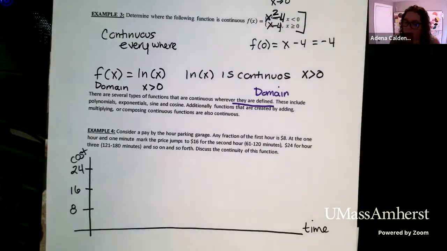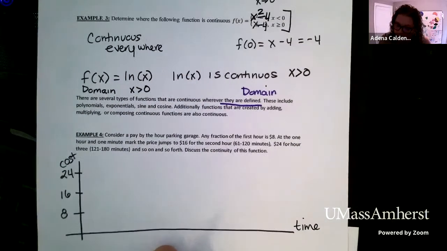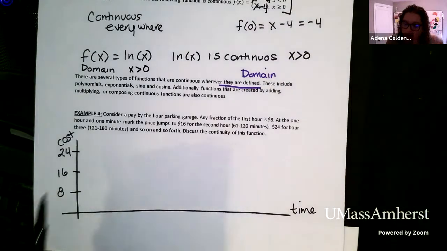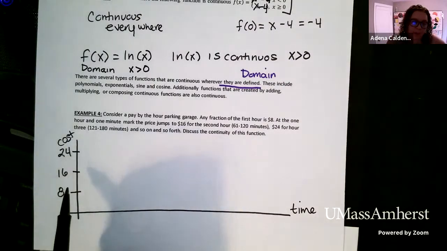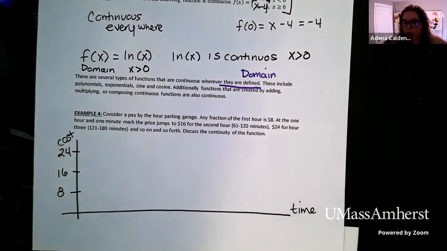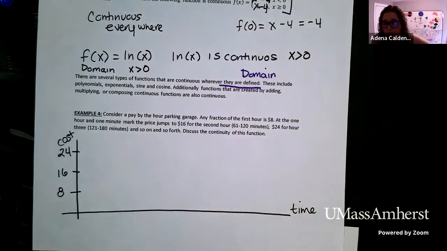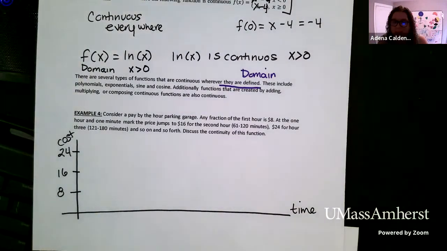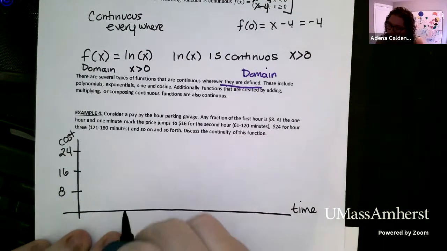Okay, so when we set up our picture, the dependent output here is the cost, right? That's what's changing based on time. And then the independent axis should be time. There's 2 ways that you can set up this picture. You can do it in minutes or hours. It's going to be roughly the same. Either is totally fine.